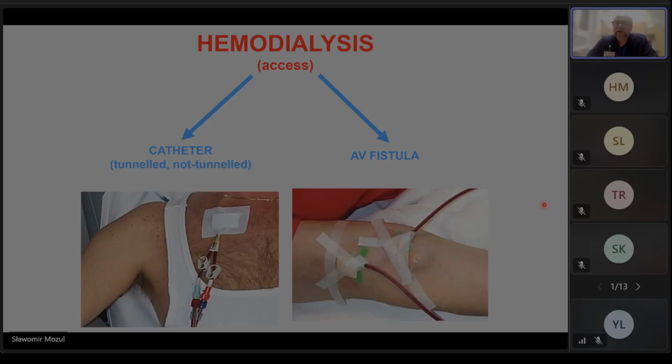The type of access is influenced by factors such as the expected time course of a patient's renal failure and the condition of the patient's vasculature. The creation of these two major types of vascular access requires surgery.